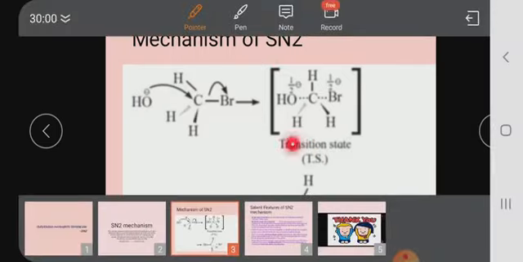Nucleophile and leaving group. See here, the OH minus attacks from the back side. From the back side attack, we get a penta-coordinated transition state. See here, penta-coordinate. Penta means 5, the coordination number of this carbon. Here, this carbon forms 3 covalent bonds with the 3 hydrogen atoms, and there are 2 partial bonds with the hydroxide and Br minus.